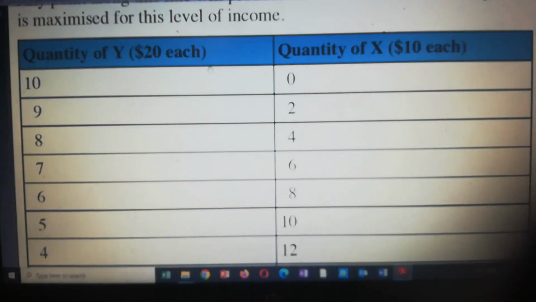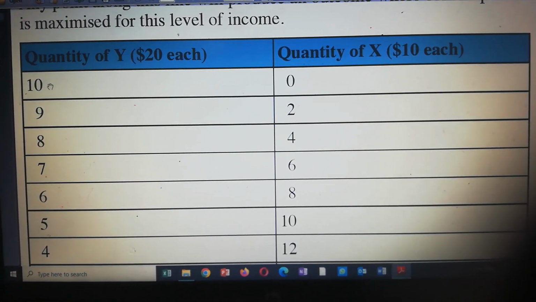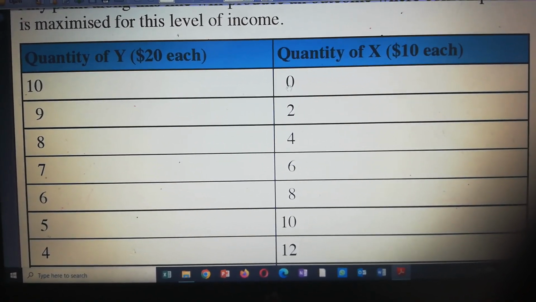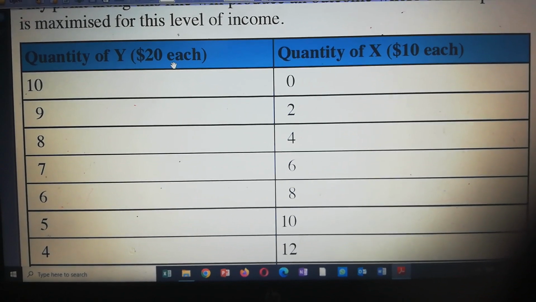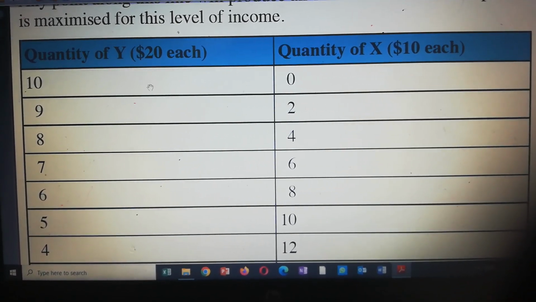You can see that here, if the consumer decides to consume 10 units of Y, obviously the consumer will be left with $0 to spend on X, because 20 times 10, $200 is gone. So what is going to limit the consumer here is the amount of money that is available to him or her.